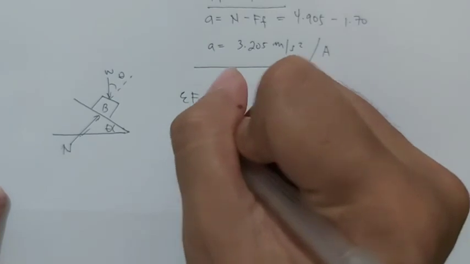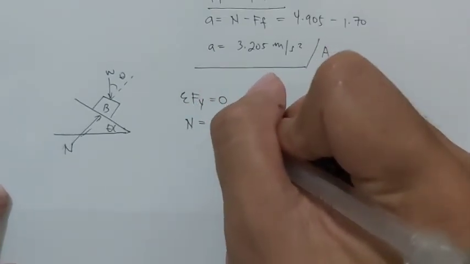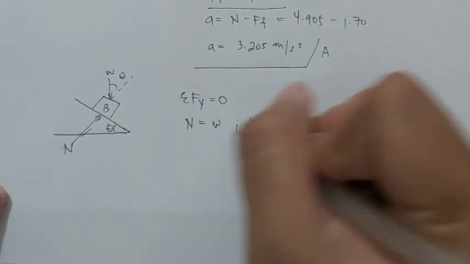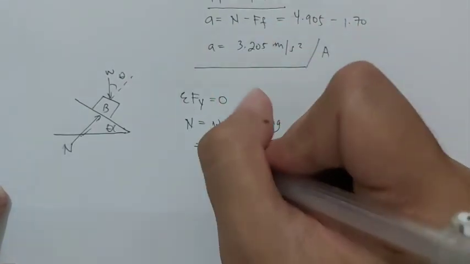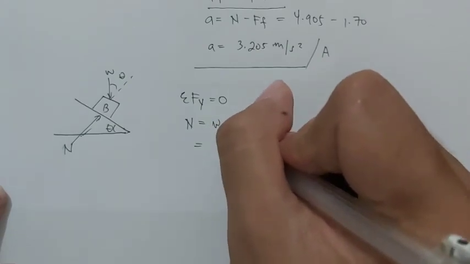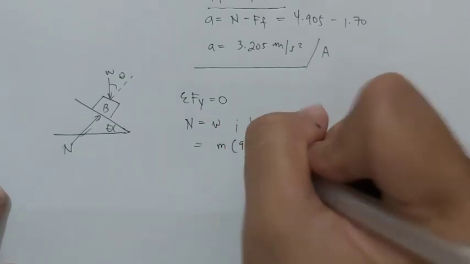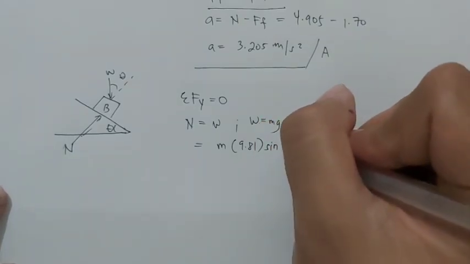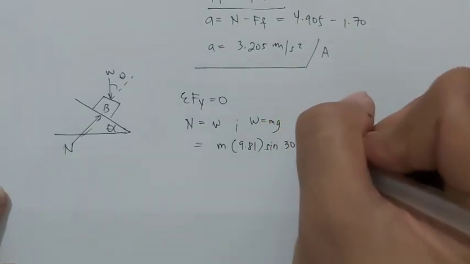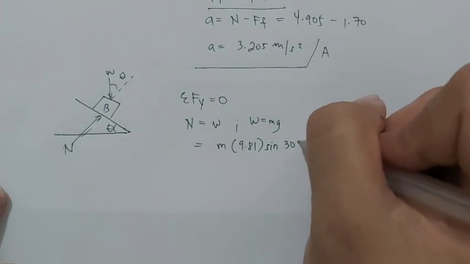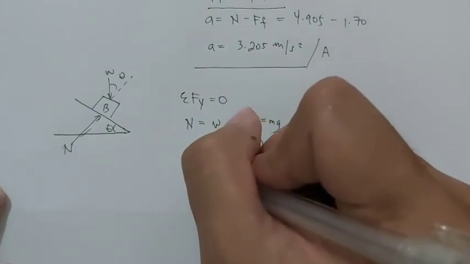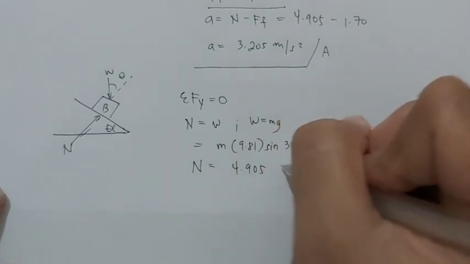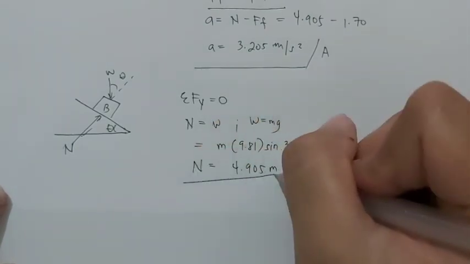Then we have, again, normal force is equal to weight, where weight is equal to mass times gravity. Therefore, we have our mass, and then times the gravity, 9.81. Then we have sine 30 degrees for our theta. So we have normal force of, again, 4.905 m.